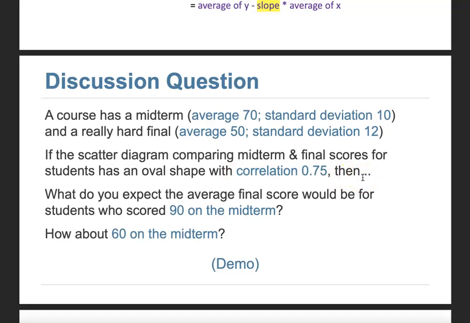Since you have 2 numeric attributes, we know their average and standard deviation, and we also know the correlation. How do you use one of the numeric attributes to predict the other one? Here, if one student scores 90 in the midterm, what final exam score will you predict?